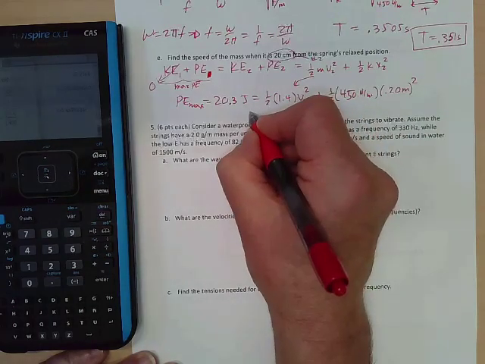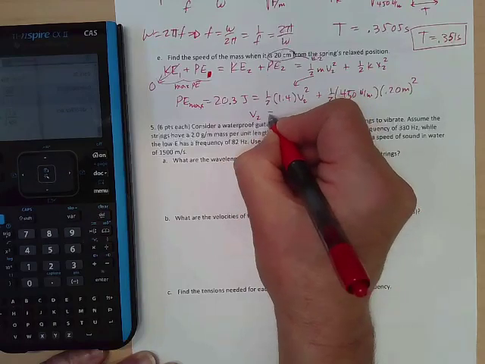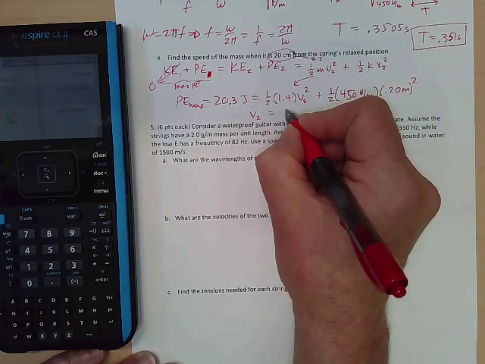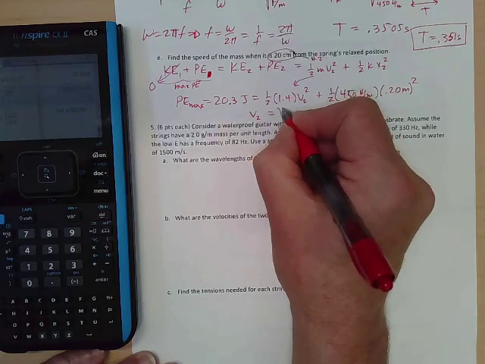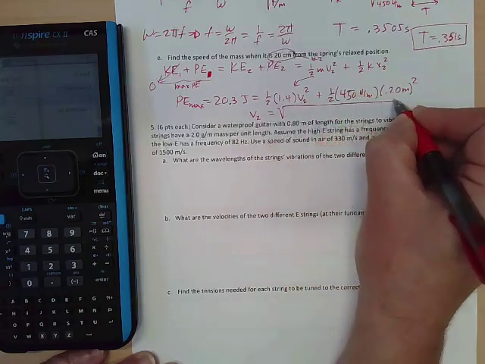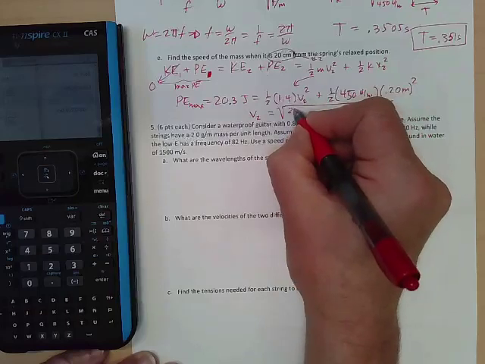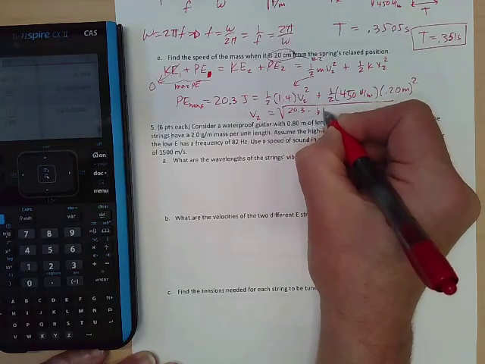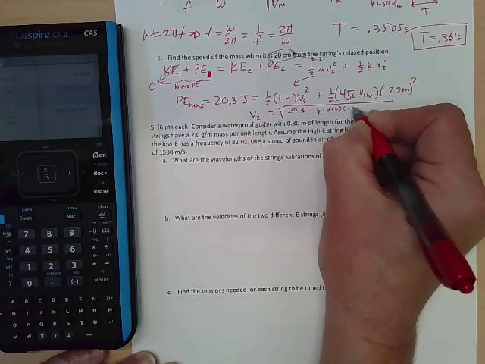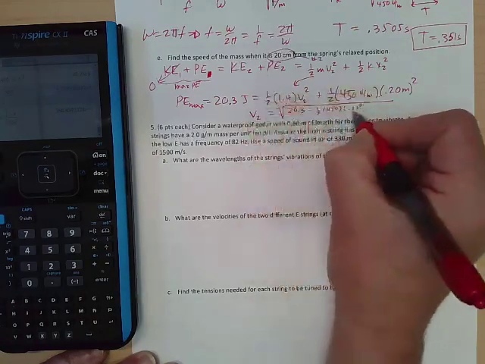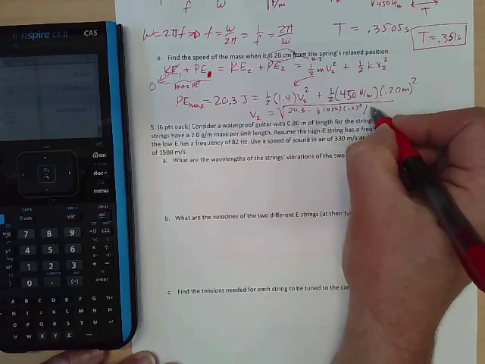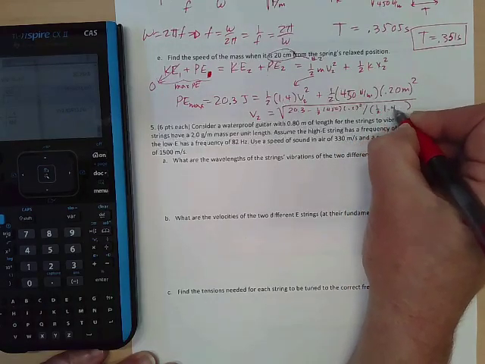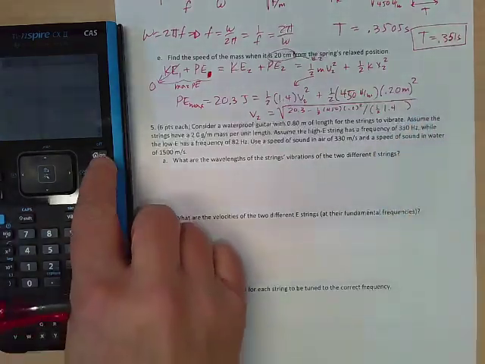Okay, so solving that for v2, it's going to be the square root of 20.3 minus 1/2 times 450 times 0.2 squared, and then divided by what's multiplying v, 1/2 of 1.4.